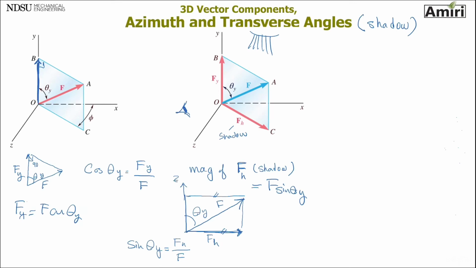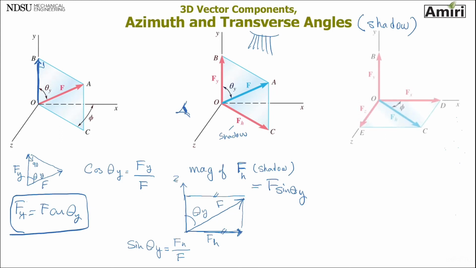Okay? Let's not lose focus. What we're trying to find is Fx, still missing. Fy, I found it right there. Fx and Fz are still missing, and I'm trying to find those. So now, again, we put an observer there. Let's look at it in 2D.